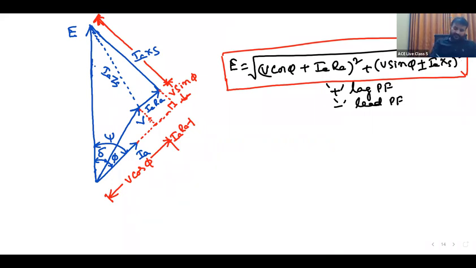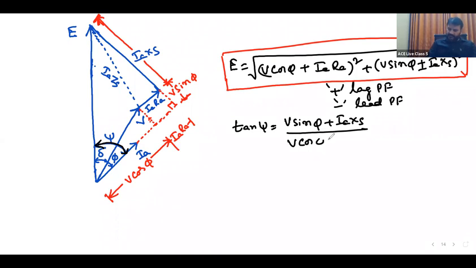Another relation, tan psi. Let me write tan psi. Tan psi is equal to, from this right angle triangle, opposite side V sin phi plus IAXS divided by V cos phi plus IARA.